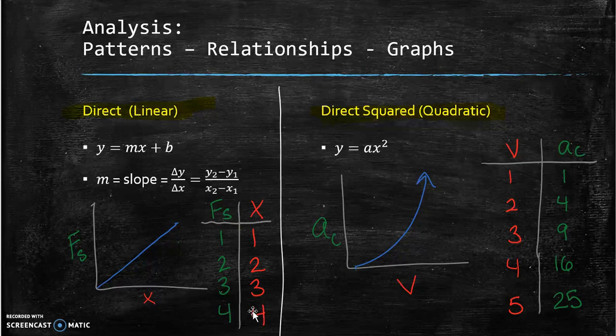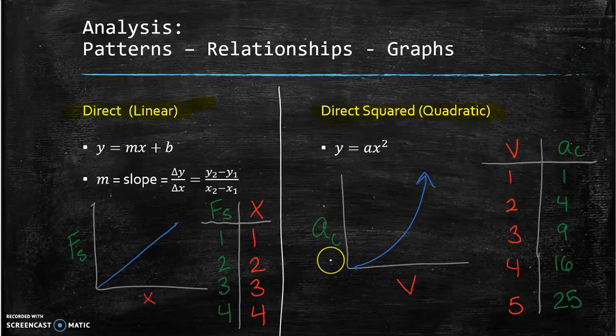One example of that is the force on a spring compared to how far it's stretched. A direct squared pattern is when it grows at an increasing rate. For one change in the x value, you get that same change squared in the y value. So instead of increasing at a constant rate, it increases at a growing rate.